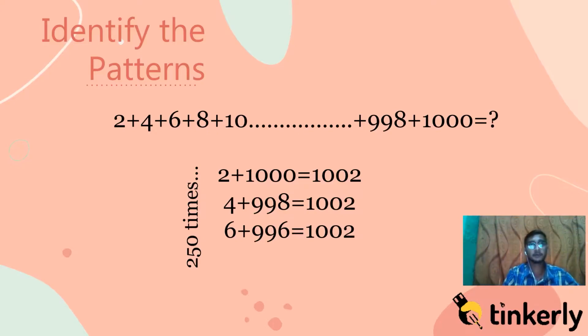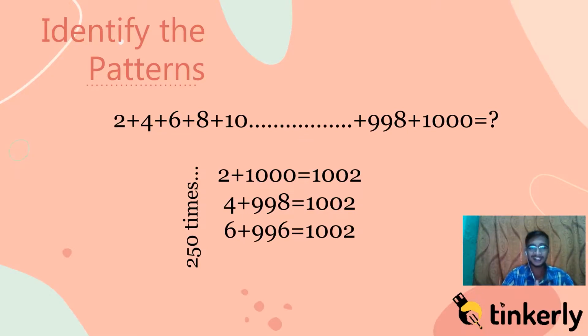You have to add the numbers from 2 to 1000 in that series only, like 2 plus 4 plus 6 plus 8 plus 10 up to 1000. Just start adding. I want to see how much time you take to solve this problem.